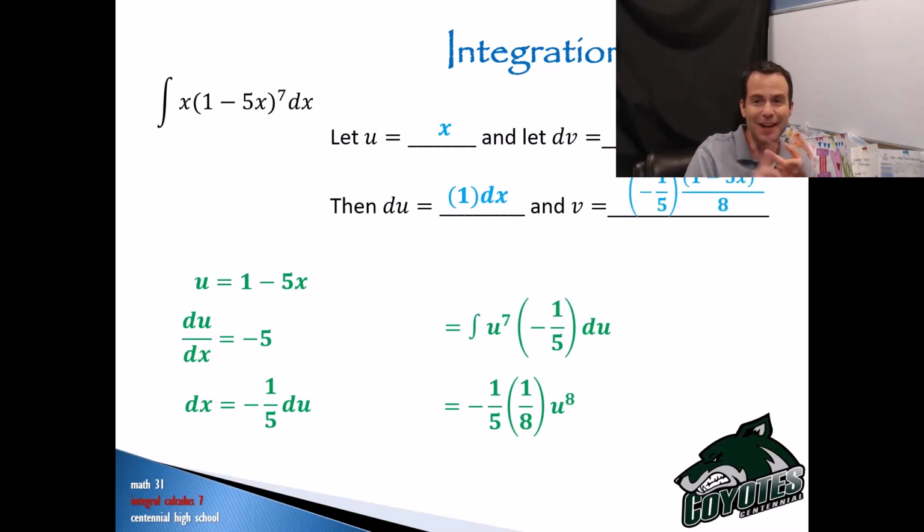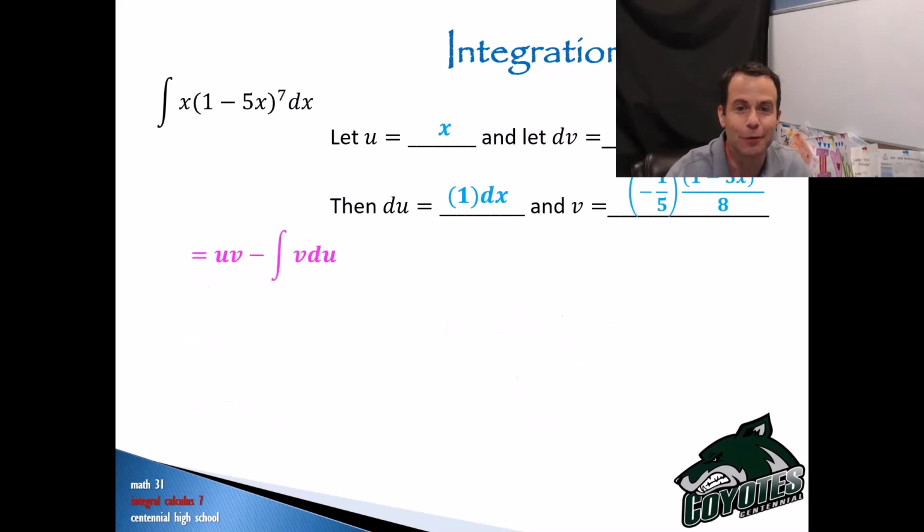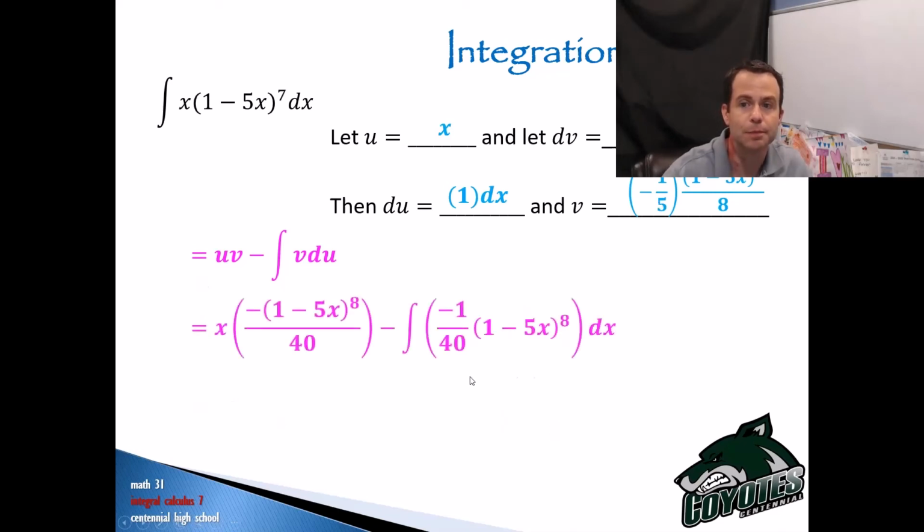I've got u, I've got dv, and I've got v, and I've got du. So I'm going to plug all those into my integration by parts formula. So it's uv minus the integration of v du. Okay, so u is x, v is this mess, minus the integration of that mess again, and then du.